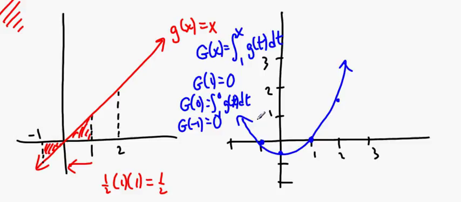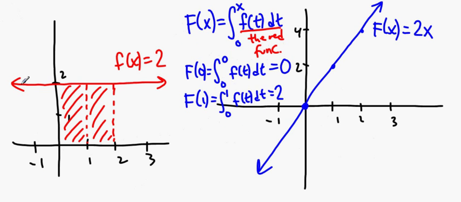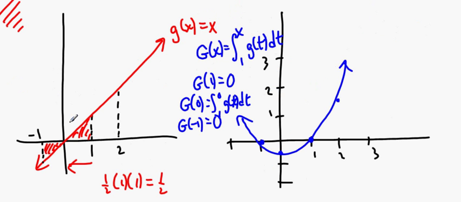So here's where things get just a little bit bizarre. When I had a nice constant, the area function gave me a line. And when I had a line, the area function gave me what appears to be a parabola.